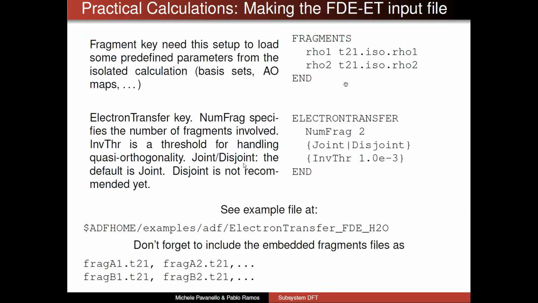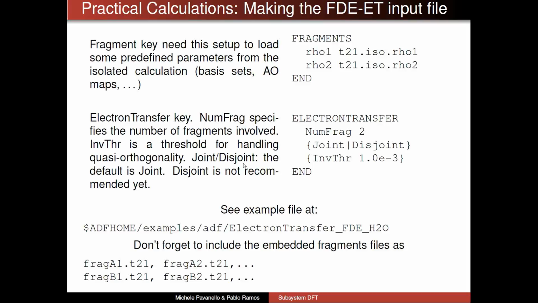The input file for the electron transfer part of the calculation has two important keywords to include. One is the fragments keyword, and for that you need to couple the fragments that you are using with their isolated fragment tape file.